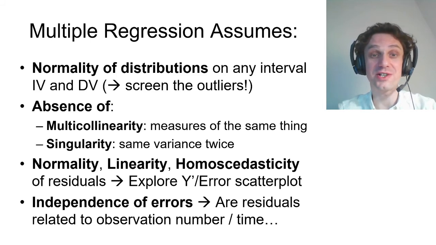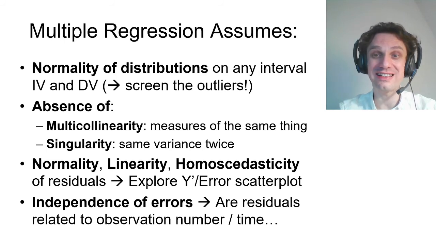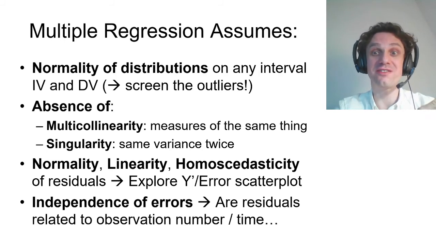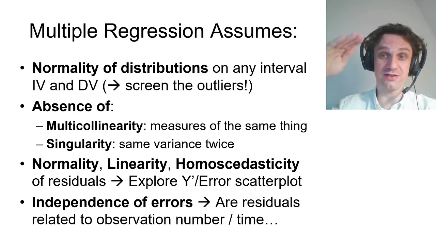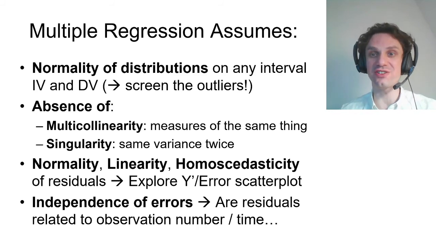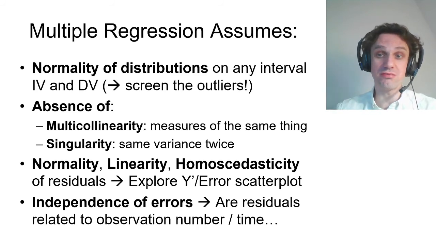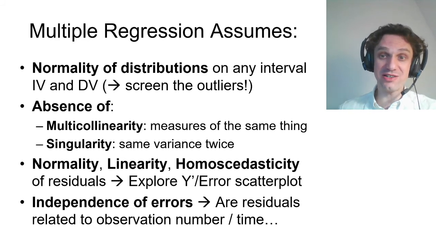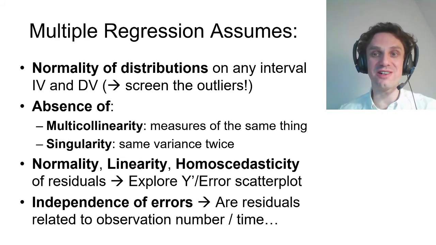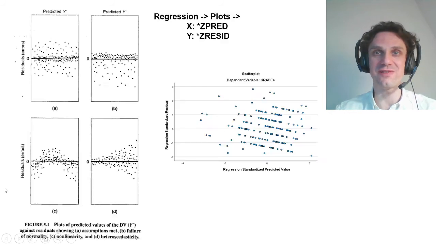And another assumption of multiple regression is independence of errors. Your residuals are supposed to be independent, and basically the observations that you use in your model are supposed to be independent. So for example, each row in your data matrix is an individual, and those individuals are all different. There is no data coming twice from the same individual, for example. If you have this association, this is a violation of independence of errors, and you need a little bit more complex linear model, which I will discuss also today.